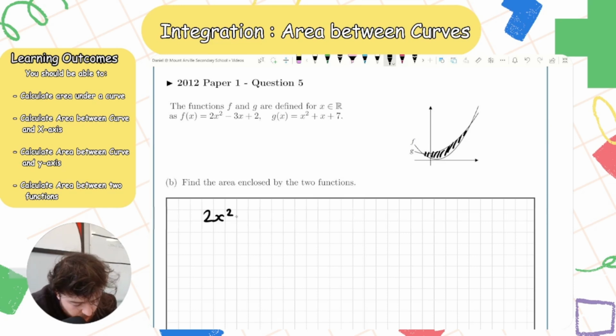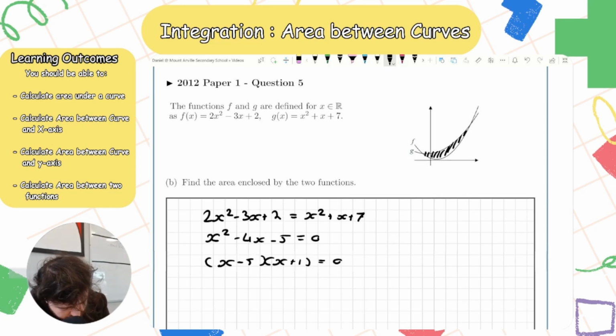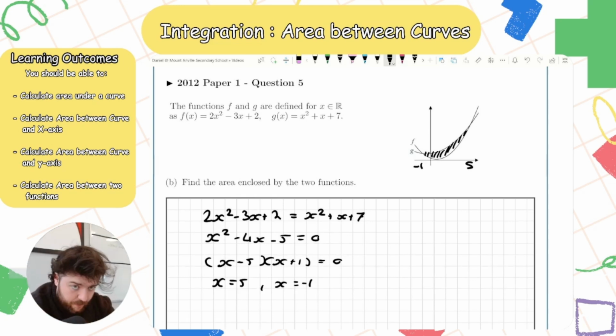So 2x squared minus 3x plus 2 equals x squared plus x plus 7. Bring everything over. x squared minus 4x minus 5 equals 0. x minus 5, x plus 1 equals 0. x is equal to 5 and x equals minus 1. So there is my upper and lower bound.